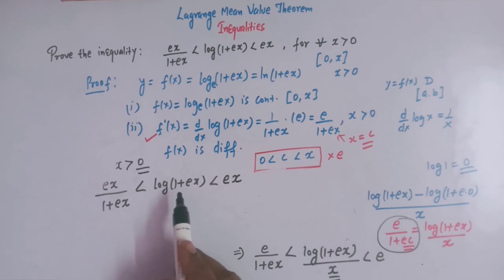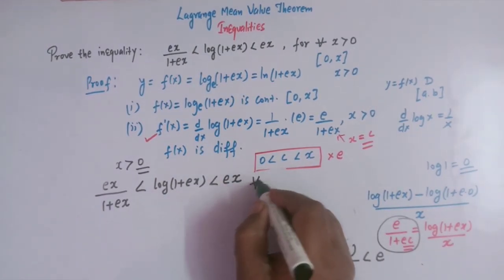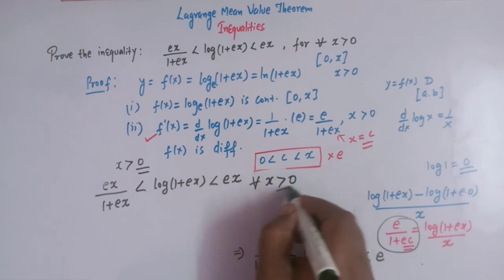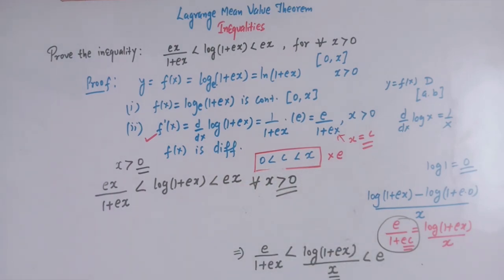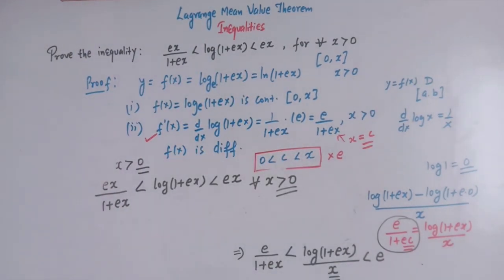So this is our desired inequality for all x greater than 0, right? So viewers, this is how by the application of Lagrange's mean value theorem we can prove this important inequality, right?